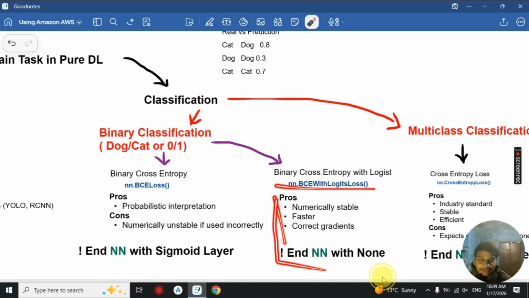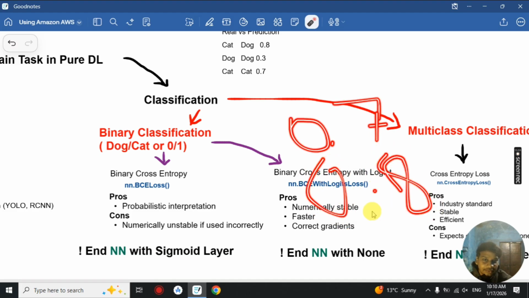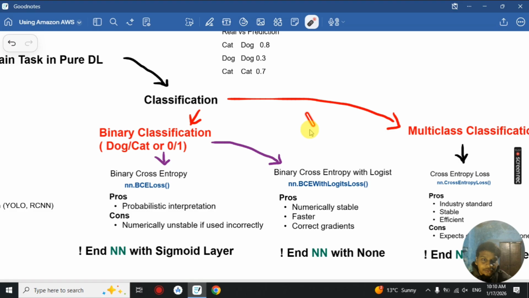Also, for this you don't need to end your neural network with sigmoid, linear, etc. Anything is fine, and the binary cross entropy with logits loss will output logits only.